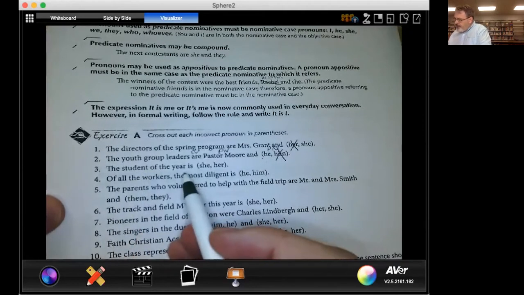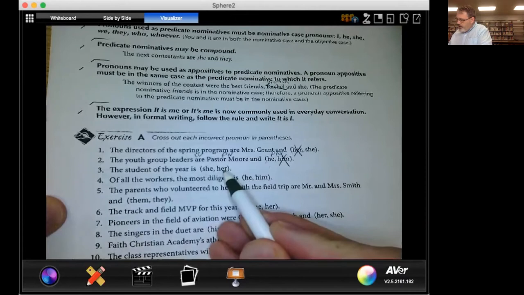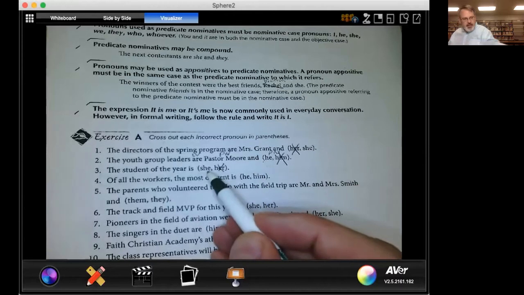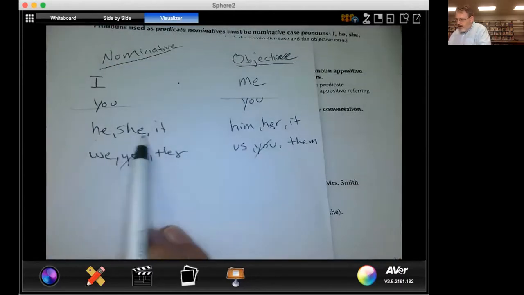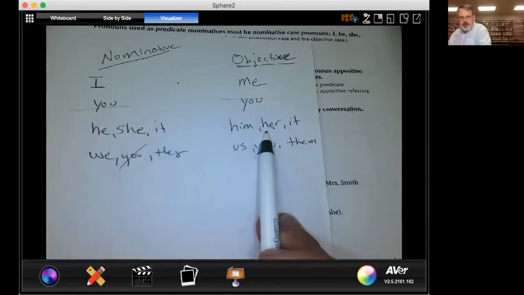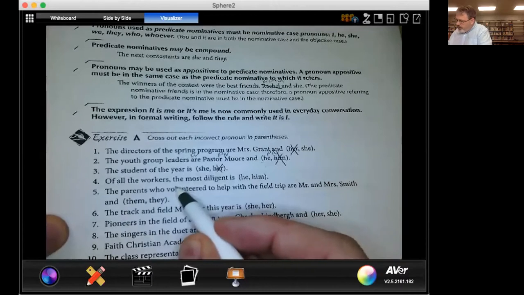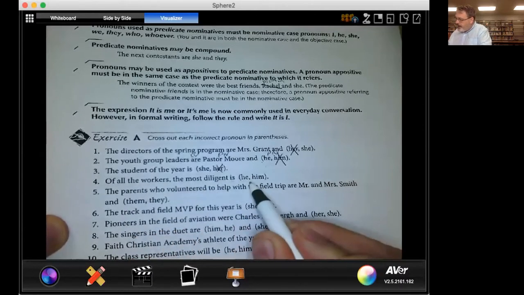Next, the student of the year is either she or her. Well, we already know what the nominative case is in this one. Cross out her, because she is the nominative case pronoun, not her. Next, of all of the workers, the most diligent is either he or him.